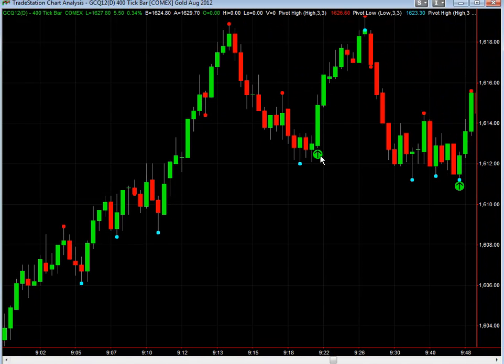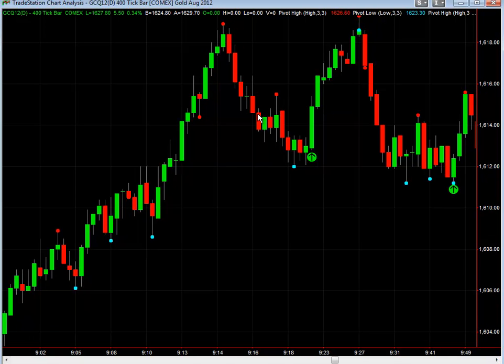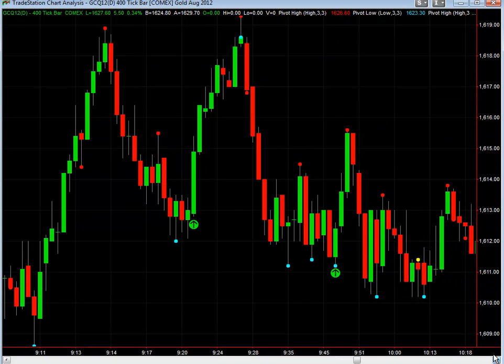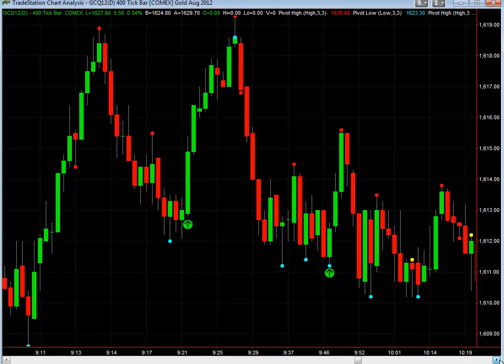Here's the sixth long trade of the day, 9:22 Central. Look at this cycle low, boom, explosion. Here's the seventh long signal, 9:46 Central.